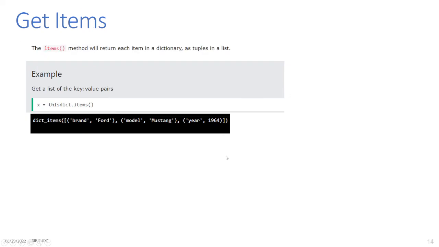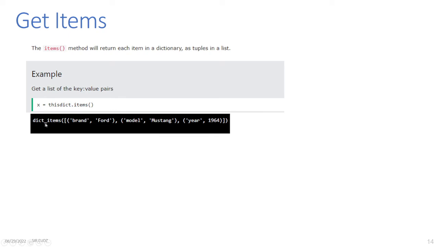Get items. So the items method will return each item in the dictionary as tuples in a list. So we have a list and then the items are in a tuple. So for example, X is equal to car.items.